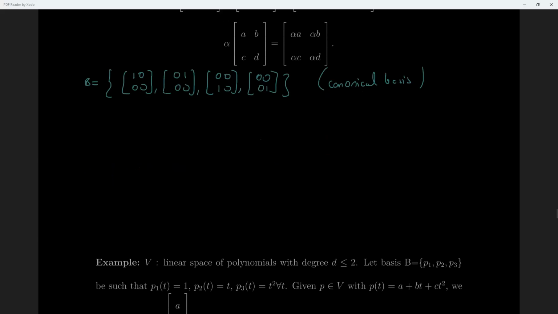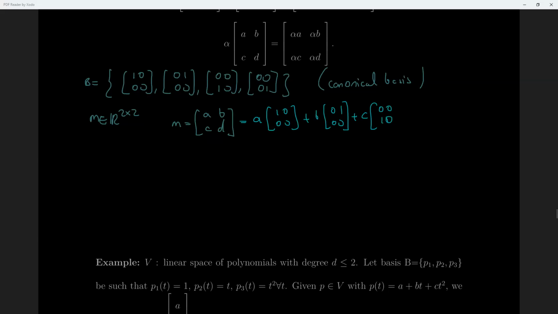So if we are given a matrix M, which is among these 2 by 2 real matrices, in the form of elements which are real numbers A, B, C, D. Since this is a vector in my vector space of 2 by 2 matrices, and this is a basis set, I should be able to write that vector as a linear combination of these. And here it is a bit straightforward. This is equal to A times 1 0 0 0, plus B times 0 1 0 0, plus C times 0 0 1 0, plus D times 0 0 0 1.